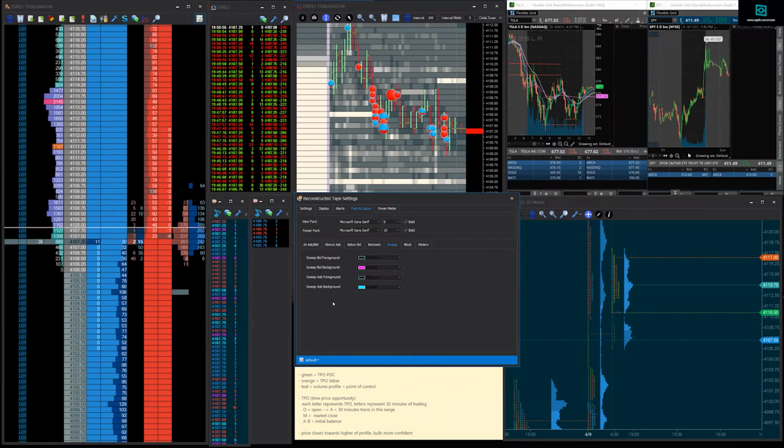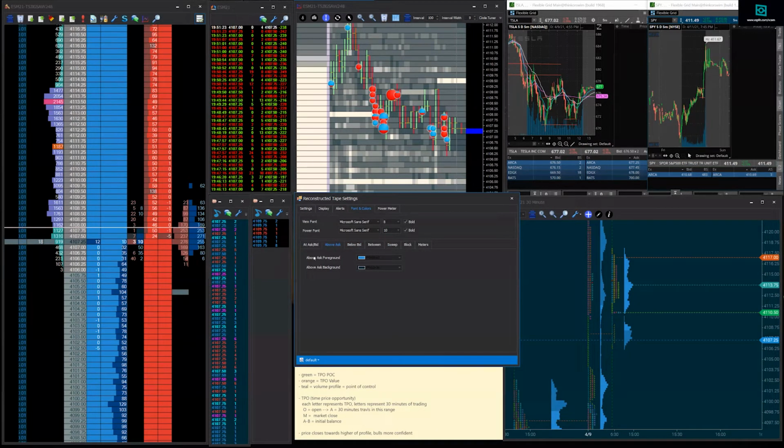Sweeps are basically when a market participant has urgency, like they want the stock at this price, and they're sweeping through the ask too. So that's major urgency. Purple is going to be sweep at the bid, same urgency, but not as urgent as this neon teal shaded color.